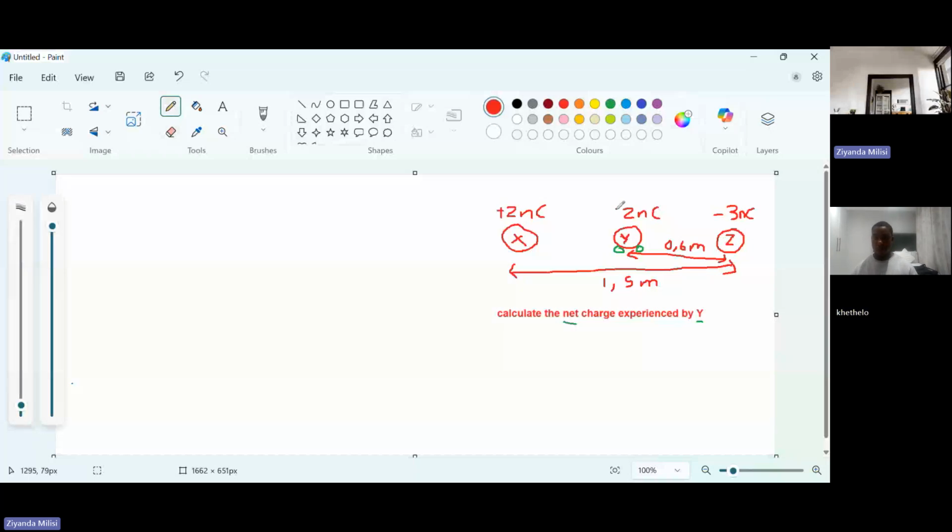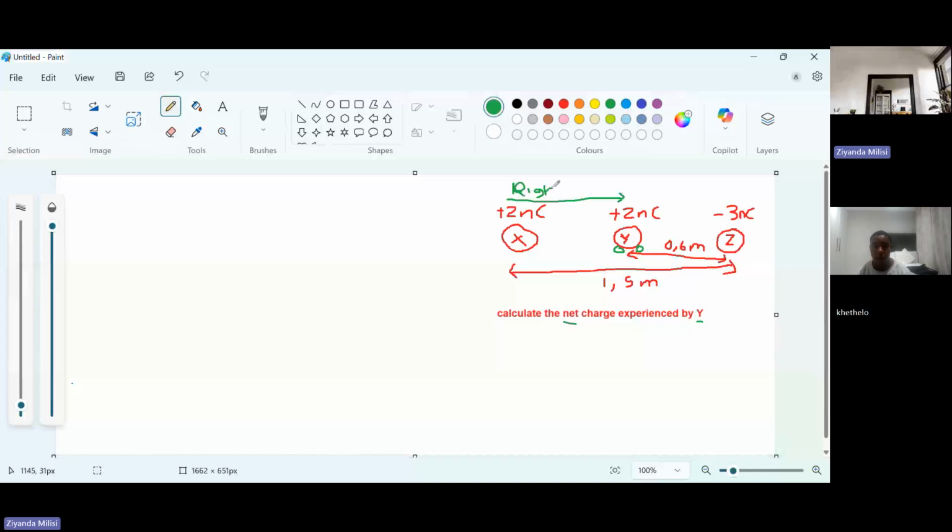Now check, what is X going to do to Y? Is it going to attract it to the left or repel Y to the right? It will repel Y to the right, because X and Y are both positive, and like charges repel each other. So the direction of motion of charge Y will be to the right. Good.